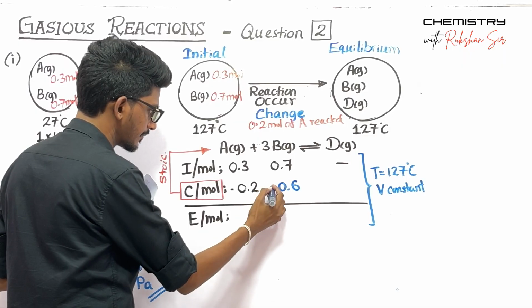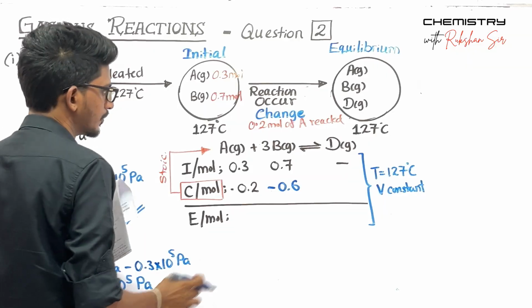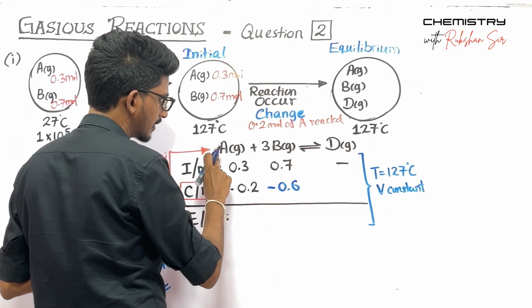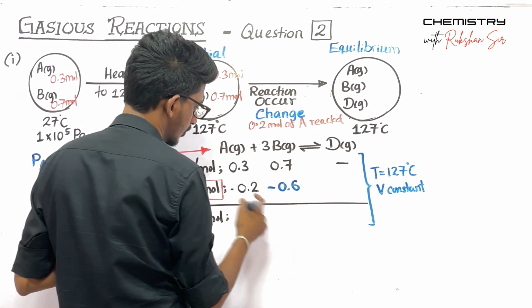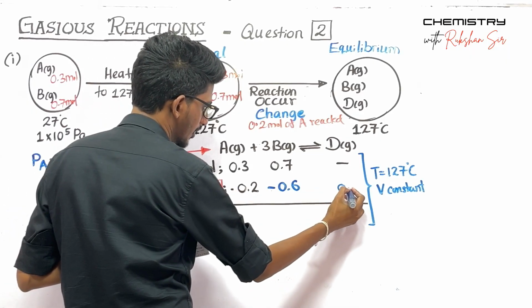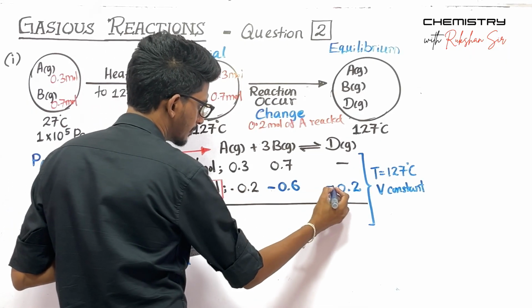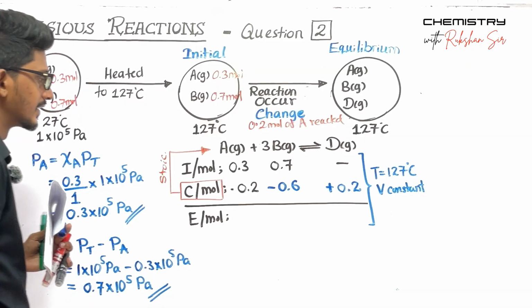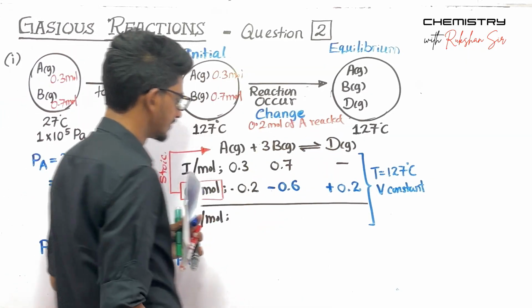Then, when 1 mole of A reacts, 1 mole of D will be produced. So if 0.2 reacts from A, the same mole will be produced as D. It is produced, added to the system, so the amount will increase for D.